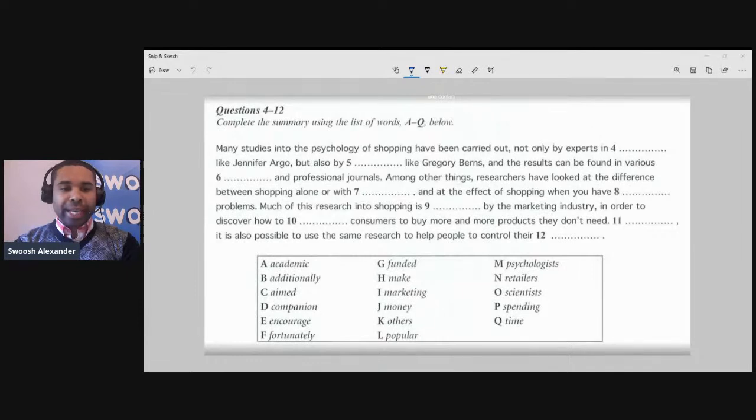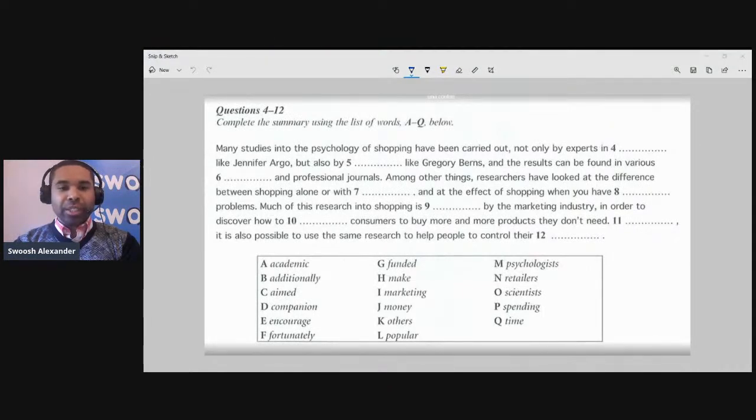So looking at the task then and looking at the gaps, let's work through and see which words we should be using. So for the first one, many studies into the psychology of shopping have been carried out, not only by experts in, okay, so an expert in what? So we've got a few options here, but we should be looking at a specific field in this case.